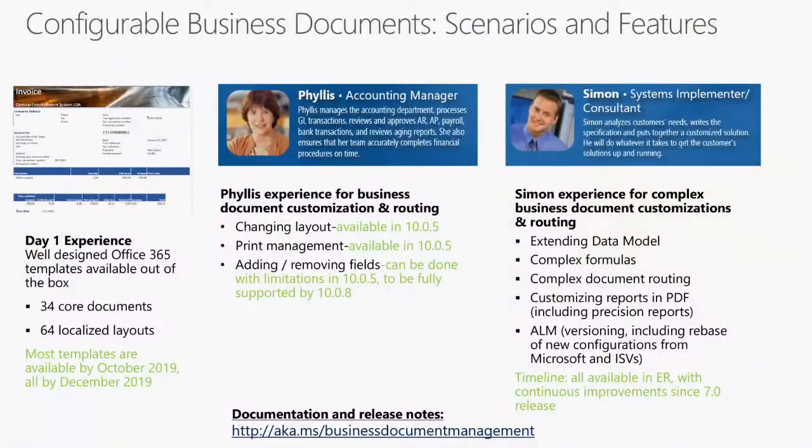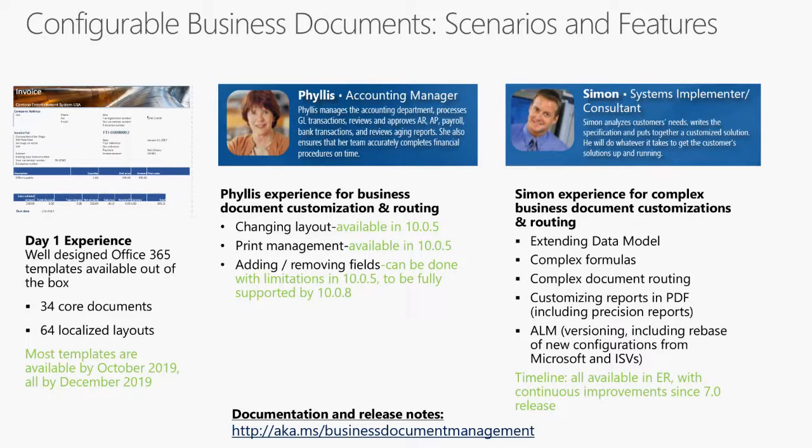So, the overview of configurable business documents scenarios and features. We released what we call the electronic reporting tool with the first release of the Finance and Operations cloud version, and we target this tool for the Simon persona. Simon is a functional consultant. He's quite an experienced guy.